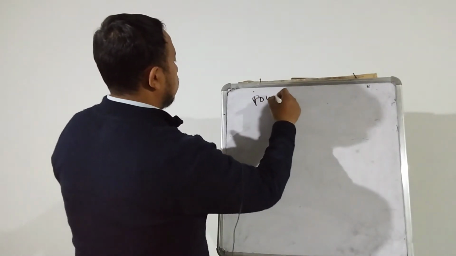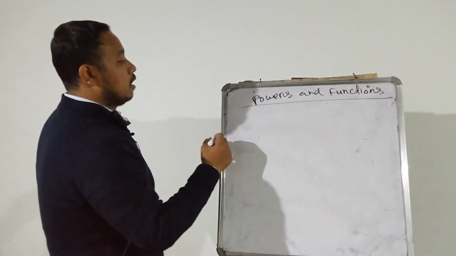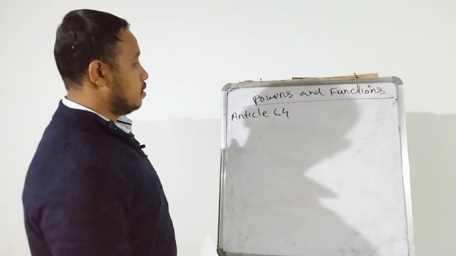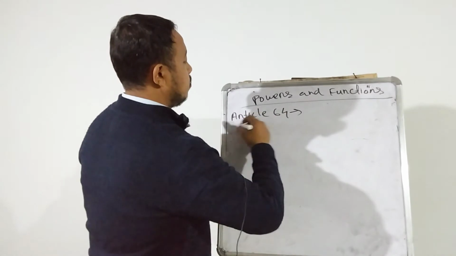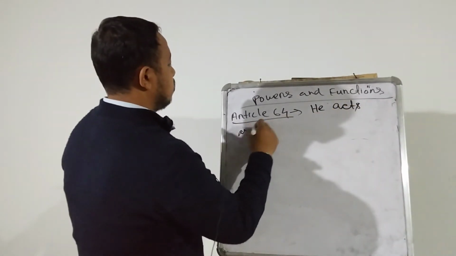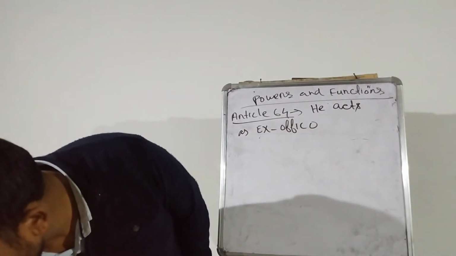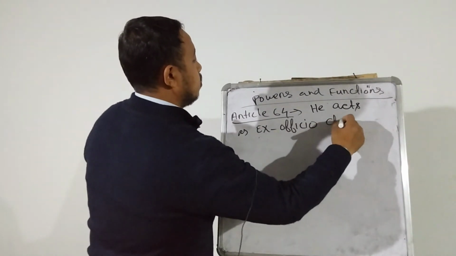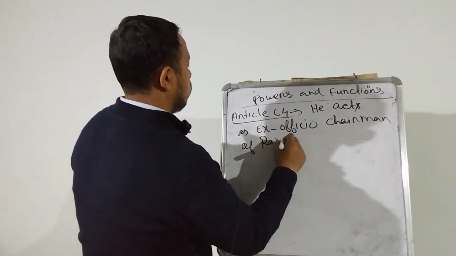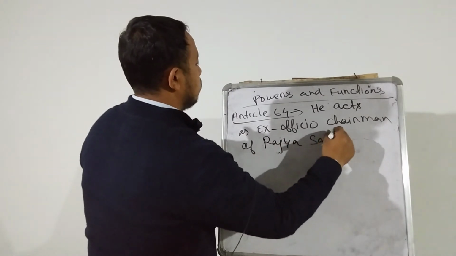According to Article 64 of the Indian Constitution, he acts as ex officio Chairman of Rajya Sabha.